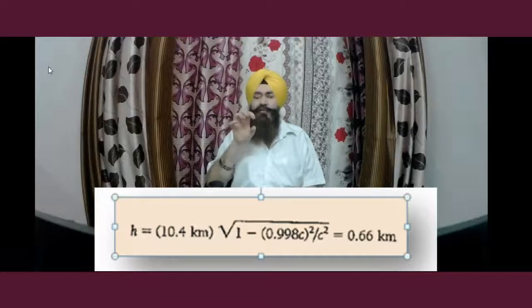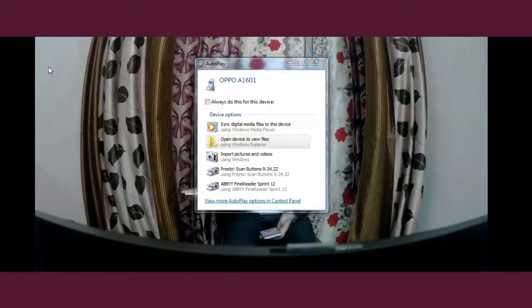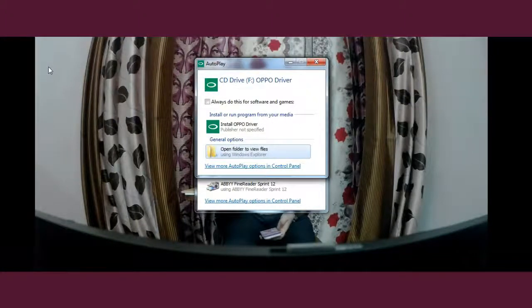Using this formula, the distance becomes only 0.66 kilometer, because in the muon frame the atmosphere thickness will not be 10.4 kilometers.